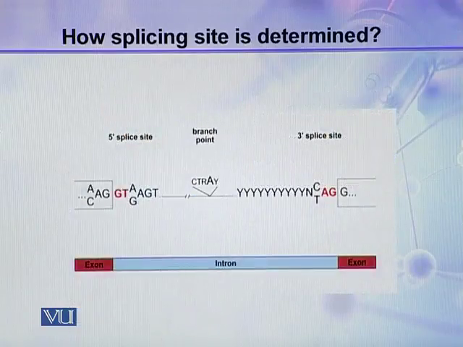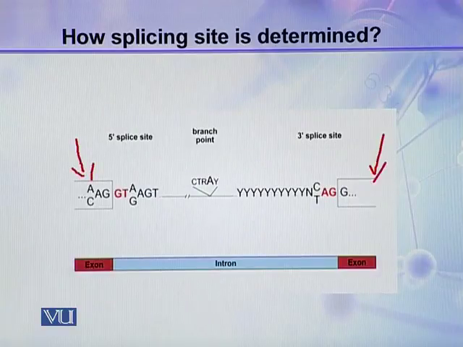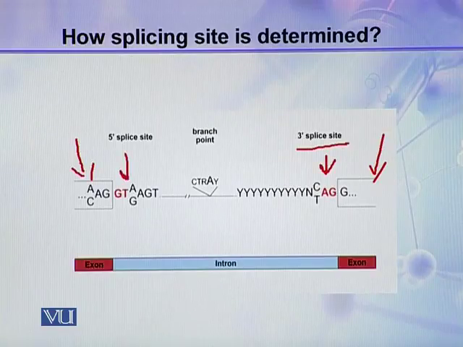So here you can see in this figure, this is the 5' side and this is the 3' side. And in this DNA, this is the 3' splice site. And this sequence marks the 5' splice site.